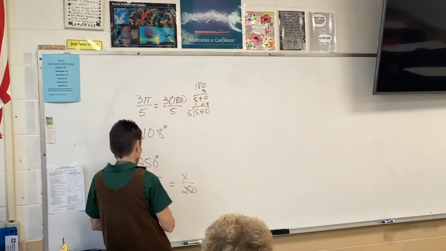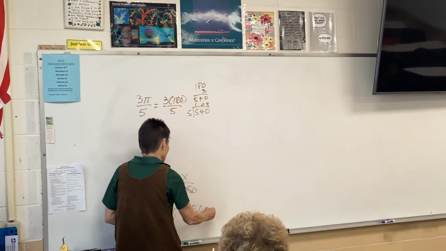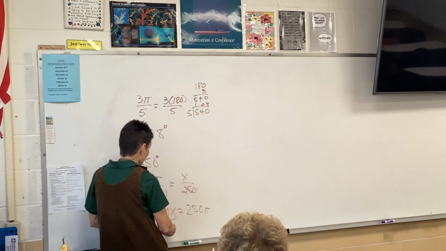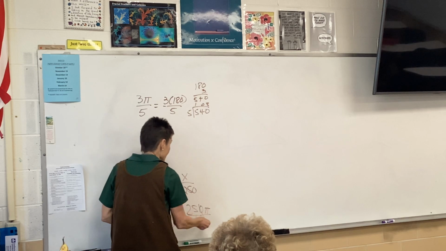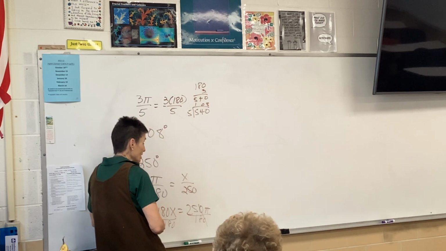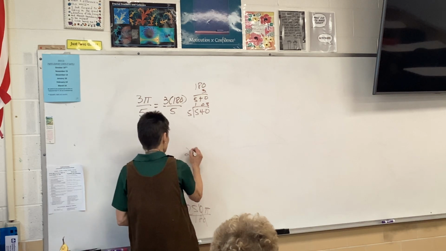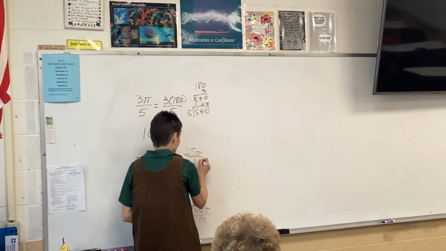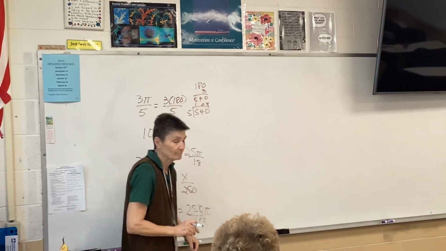So then we cross multiply, and 180x equals 250 pi. Remember, you're solving for x, so we're going to divide by 180. The zeros cancel. And I think that's all we can do, right? So our answer is 25 pi over 18. Okay, that's it.